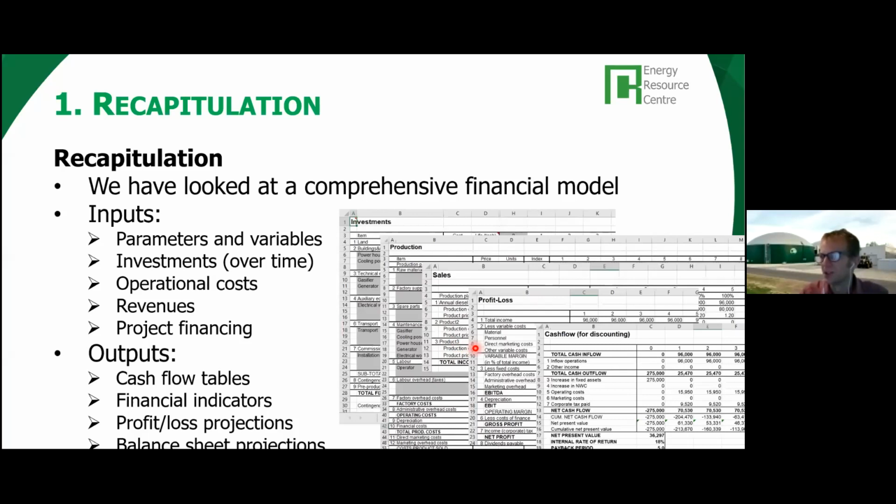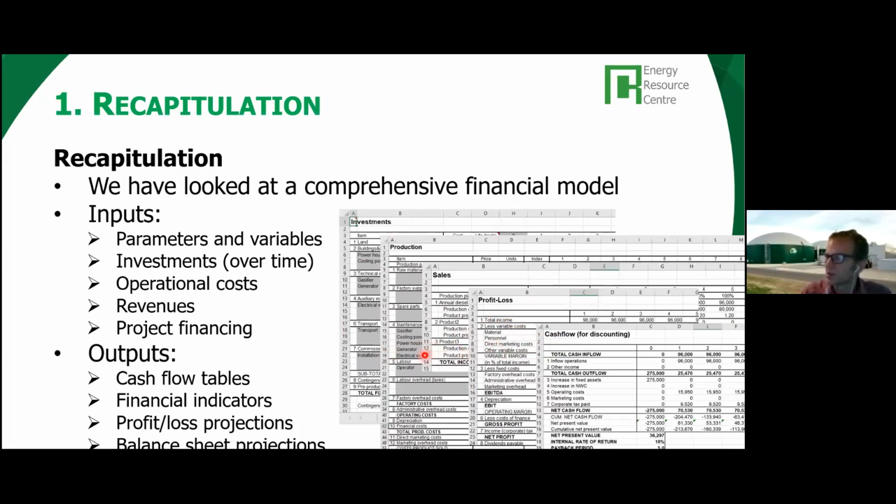We saw that we have different sheets, a few input sheets where you input the information coming from, for example, your technical model and your sheet with parameters, and that on the basis of these inputs, different other sheets are calculating, for example, the results, the cash flows for discounting, the balance sheet, and calculating the financial indicators.